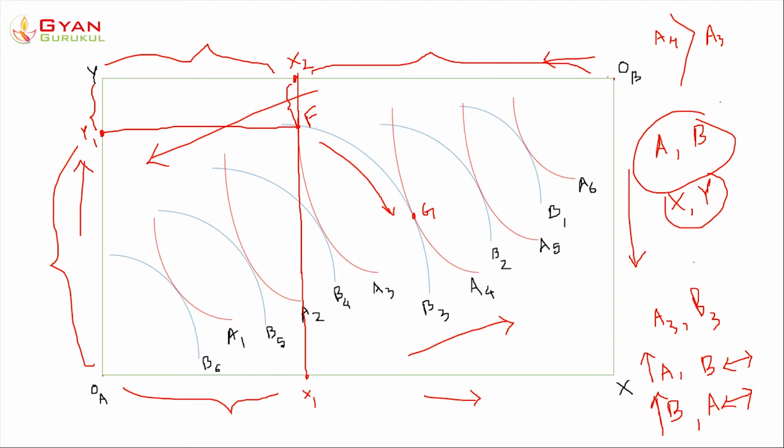Say for example, take this point, let's denote this point as H, right? Now, if the consumers, rather than moving from F to Z, move from F to H, then what could happen? Then see, the utility level of consumer A is constant at A3, right? But the utility of B has increased from B3 to B4, and B4 is greater than B3.